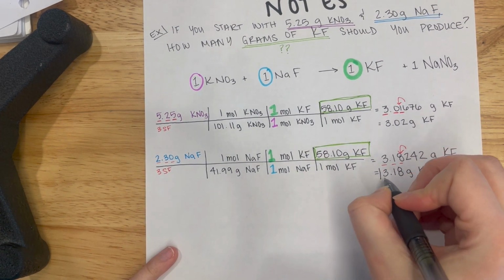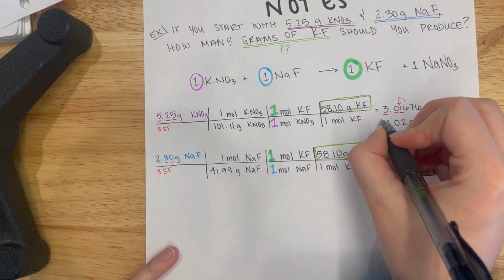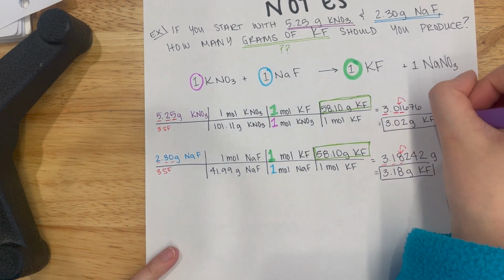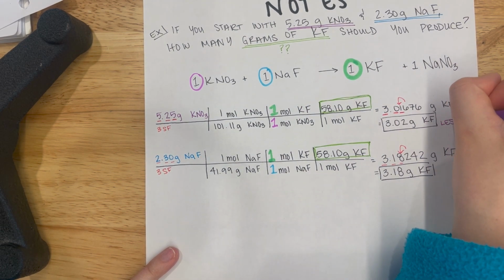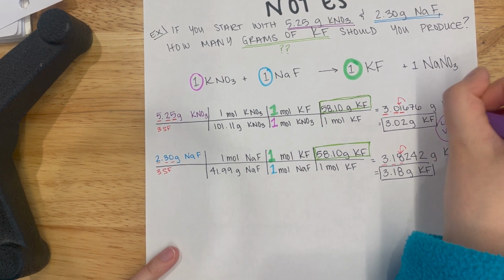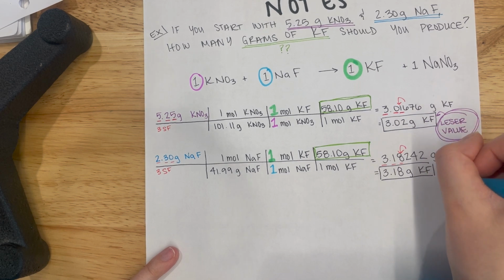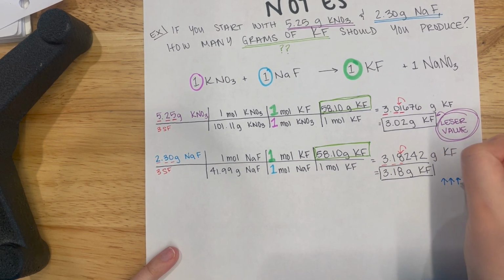So if these are both our answers, we say that this one is the lesser value, and this one is our greater value.